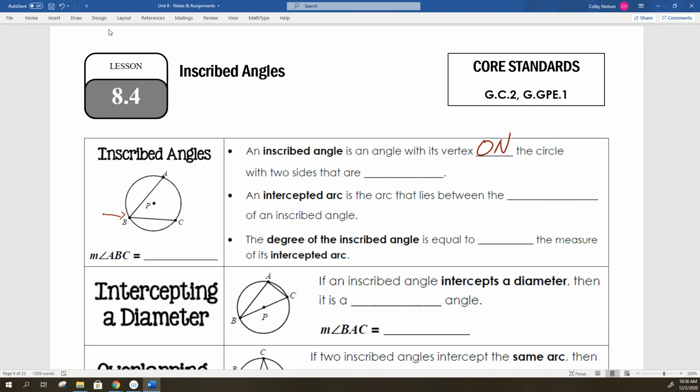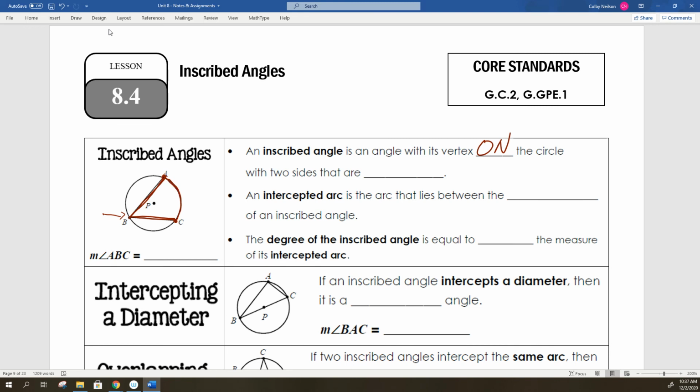What we have to note is where that angle is, and then find the arms, or the lines or the chords that come out of it. And that marks the arc that goes with it. So you have to find the vertex, follow the pathway of the two chords, and then you can see where the arc is that goes with it.